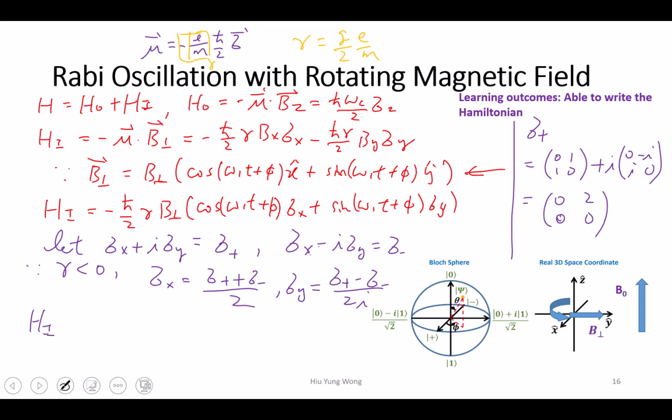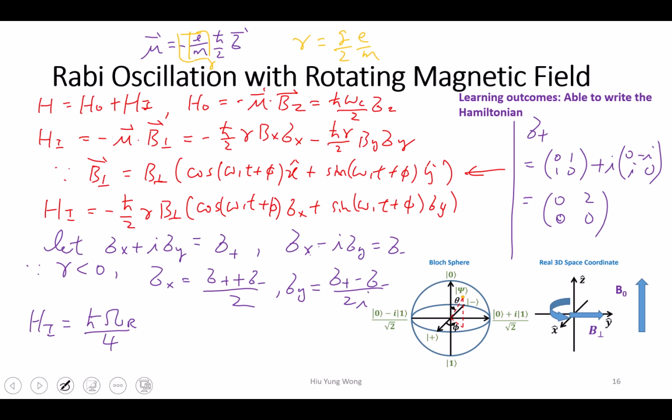First of all, I will call this one equal to h bar omega r divided by 4. There's a reason I call it omega r.